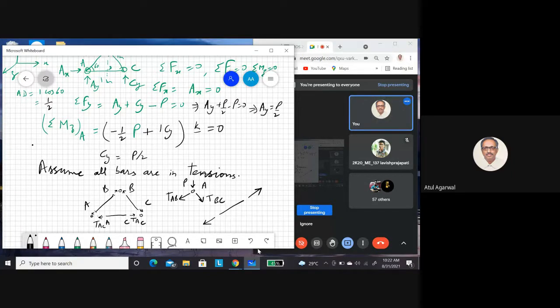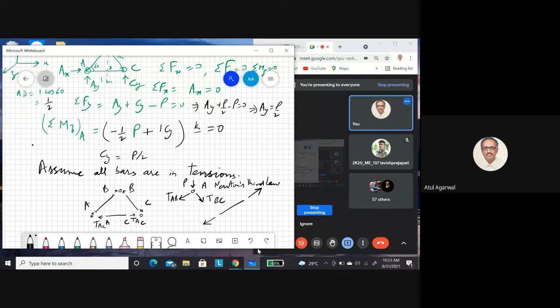So you have to draw forces equal and opposite to these forces, by Newton's third law. If the pin is pulling the bar in this direction, here the bar will pull the pin in the opposite direction. Force is coming from the pin. So at point B, bar AB will pull the pin in the opposite direction. Any doubts?